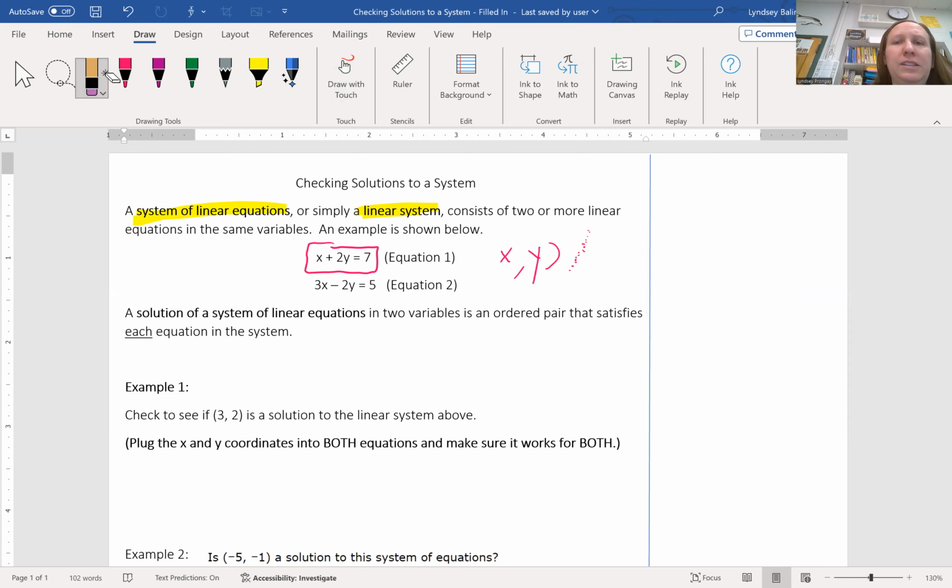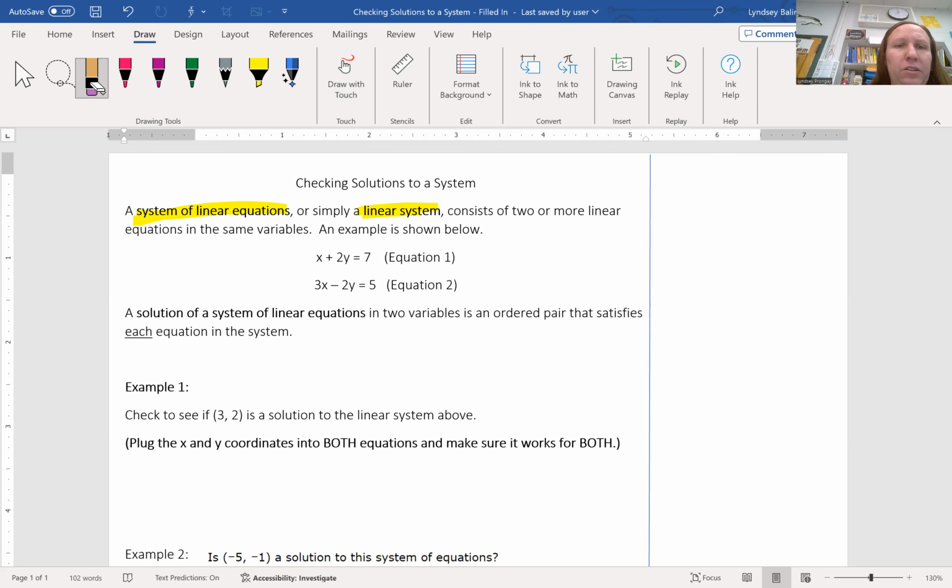When we have a system, in order to be a solution, it has to be an ordered pair that works in both of them. There's going to be a lot of ordered pairs that work in our first equation, and a lot that work in the second equation. But for the most part, and we're going to have a couple special cases, there's really only going to be one solution that works in both of them. And when I say it works, when you plug it in, it makes sense.